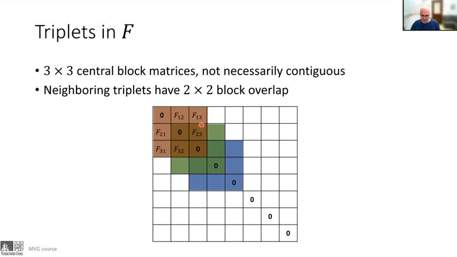So this is a triangle. And let's say this is a second triangle. If they share an edge, that means they share a 2 by 2 block. So I need a structure like this that will cover all the nodes in the graph.